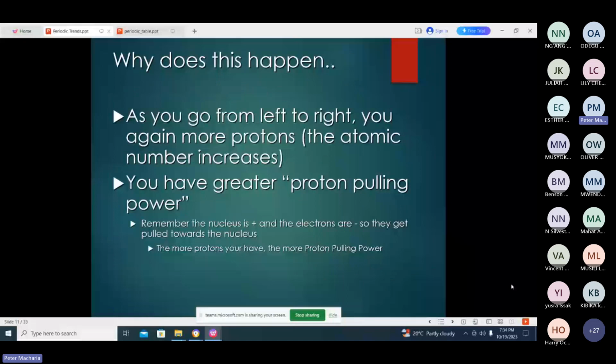Now, we are asking the question, why does this happen? As you go from left to right, the atomic radius decreases, isn't it?